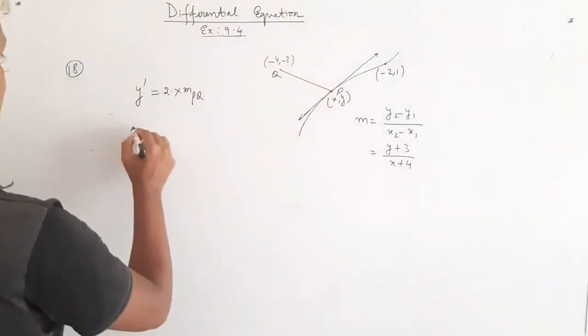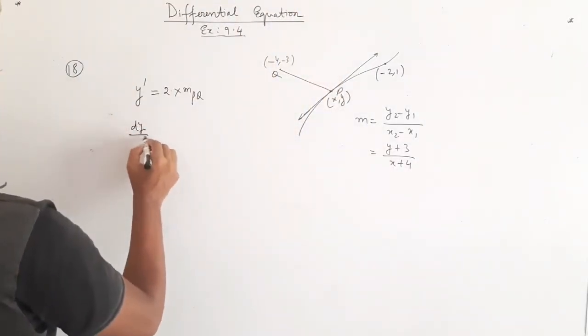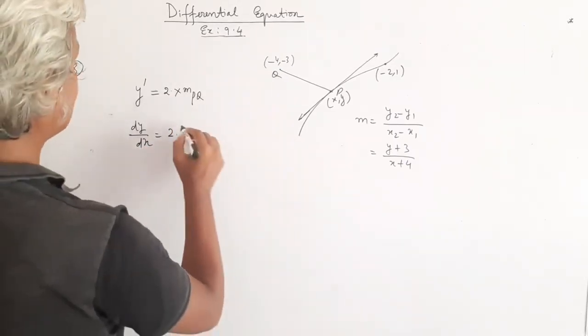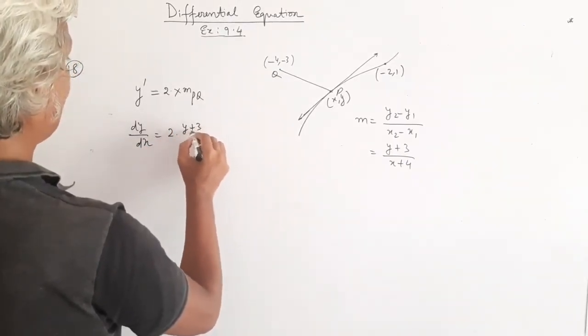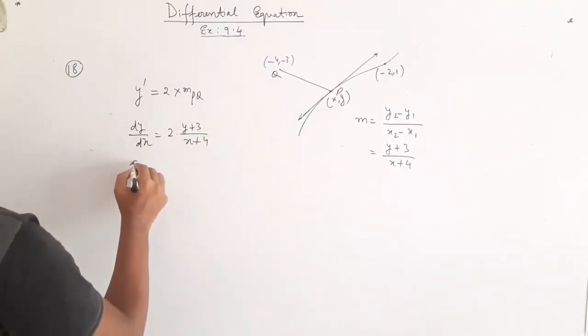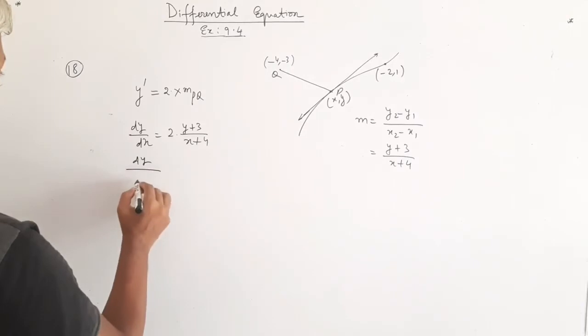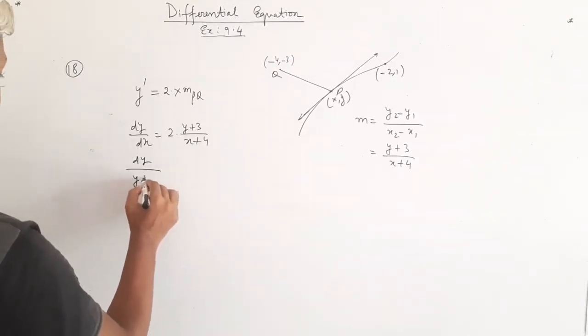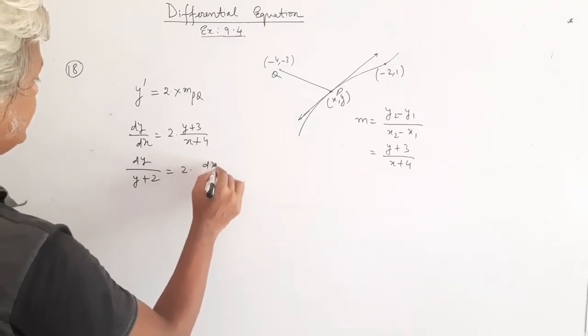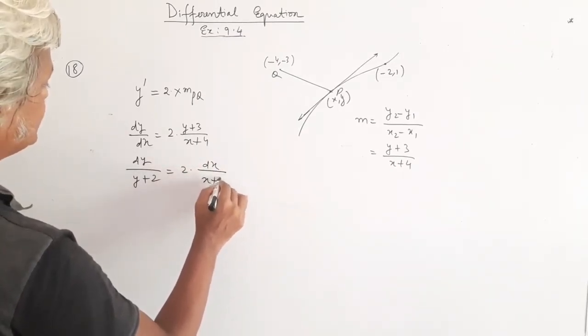So y dash, which is dy by dx, is 2 times m, that is 2 times (y plus 3) upon (x plus 4). So dy upon y plus 3 is 2 times dx upon x plus 4.